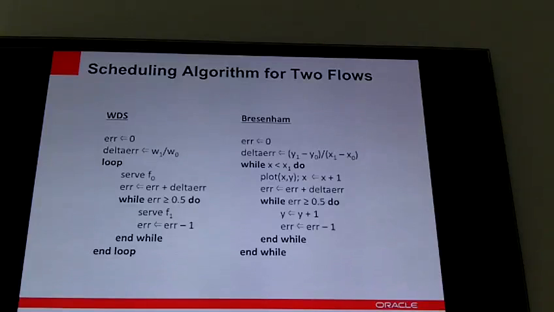And similarly, when y is incremented in Bresenham, this corresponds to forwarding a flit from F1 in WDS. And otherwise, the code is exactly the same.